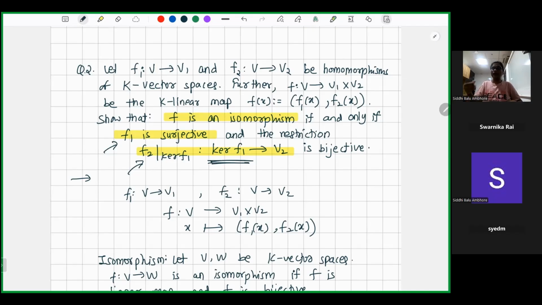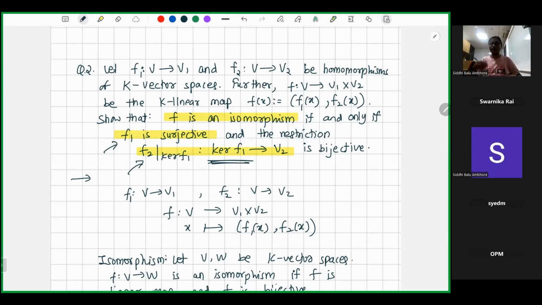So we are not actually checking that F is injective, surjective, and those properties. Instead, we are saying that F is an isomorphism if these two conditions are satisfied. So we are trying to give criteria of bijection or isomorphism of F using the properties of F1 and F2.